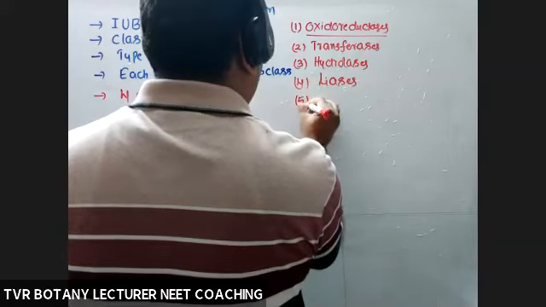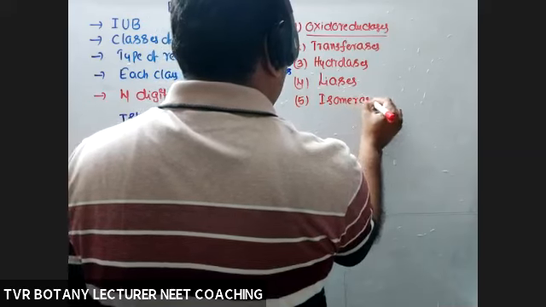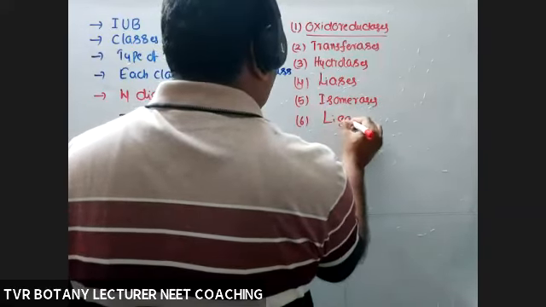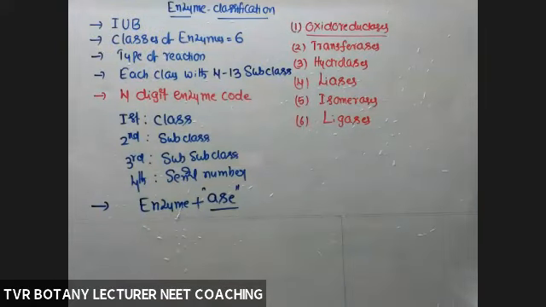Fifth one, isomerases. And the sixth one, ligases. So in all these class names of enzymes, the names end with ASE.